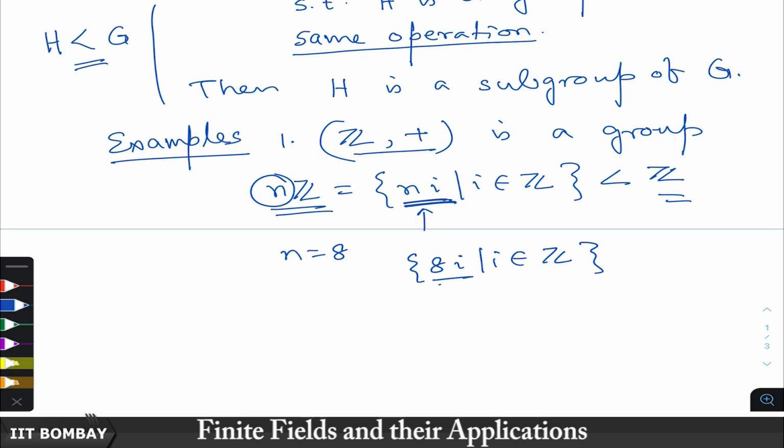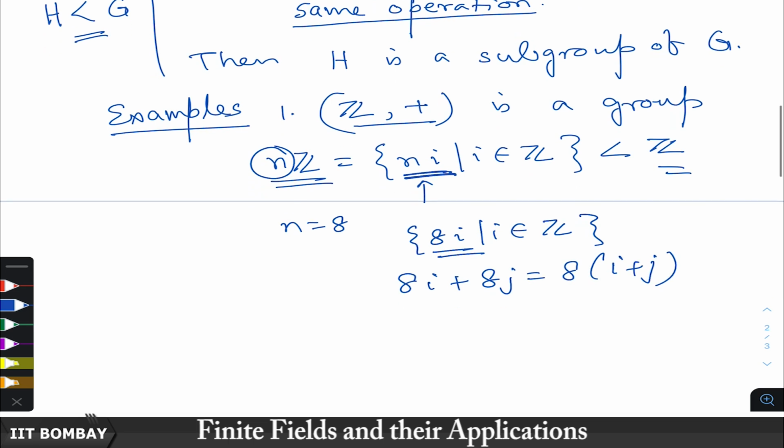Clearly 0 is a multiple of 8, 0 is there, and if you add any two multiples of 8, you will get another multiple of 8. So, 8 times (i plus j) is a multiple of 8. Similarly, you can also see that for any multiple of 8, its negative, minus 8i, is also in that set.